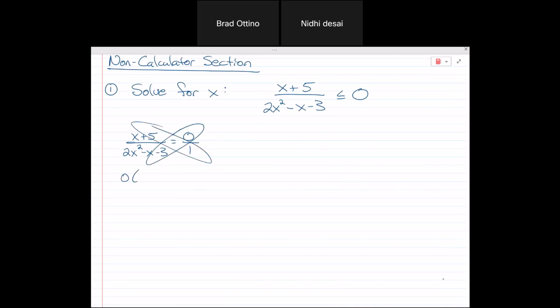So 0 times 2x squared minus x minus 3 is equal to 1 times x plus 5. Or x plus 5 is 0, so x is negative 5. That's only the first part where we solve it like an equation.